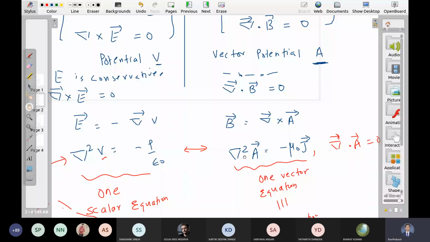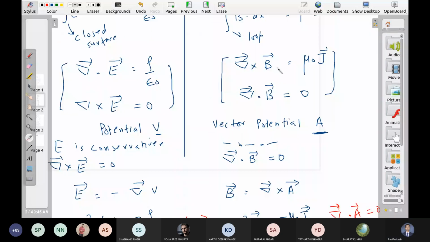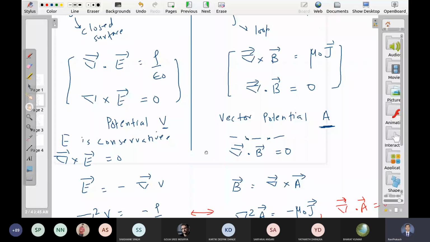So either you deal with these two equations together, or you deal with only one equation like this. Benefits and loss are more or less equal. Here you have two equations, but the good thing is they are first order.